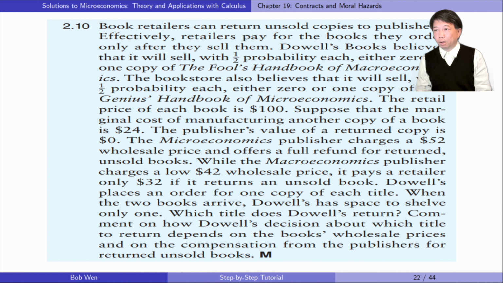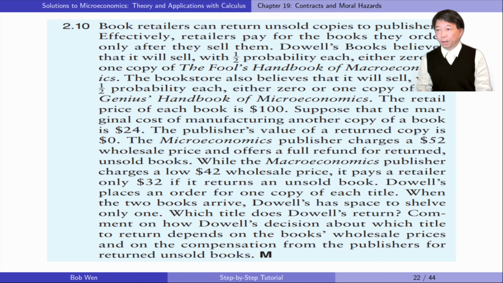The Microeconomics publisher charges a $52 wholesale price and offers a full refund for returned unsold books, while the Macroeconomics publisher charges a low $42 wholesale price. It pays a retailer only $32 if it returns an unsold book.